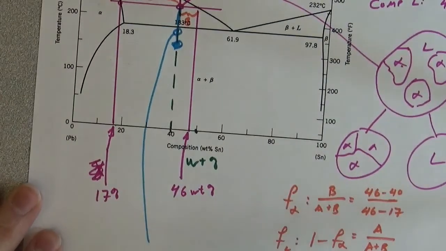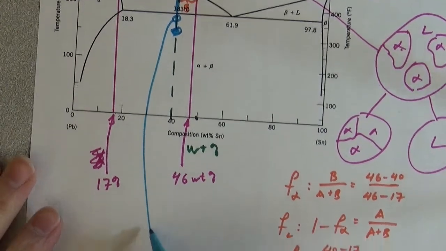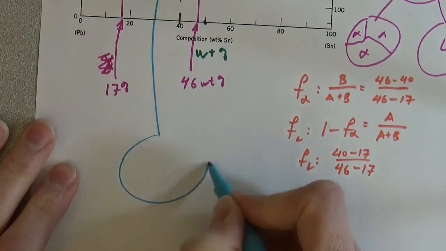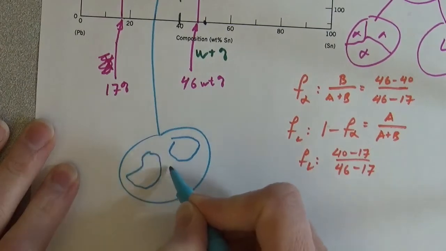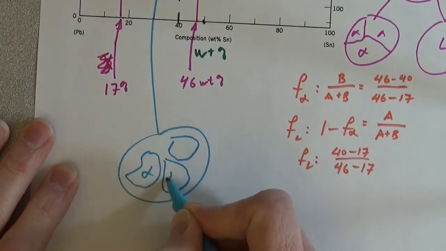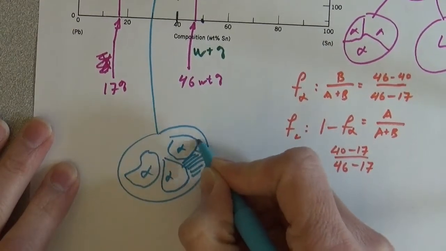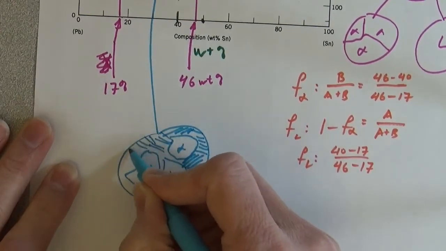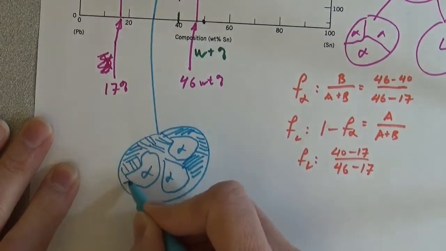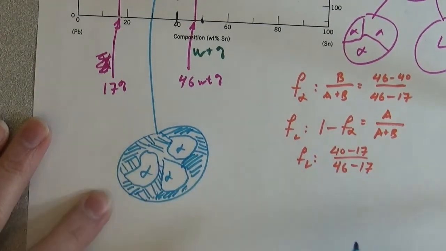That structure looks like this: alpha phase, and then some eutectic lamella.